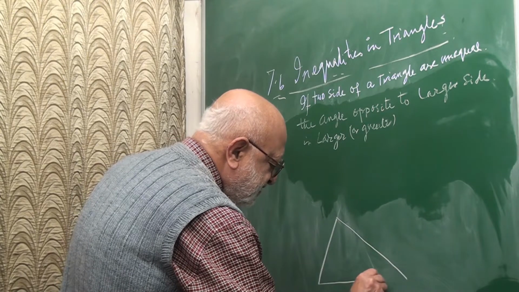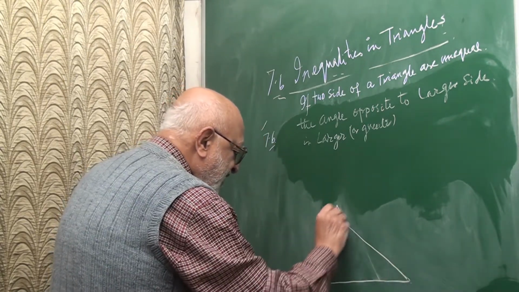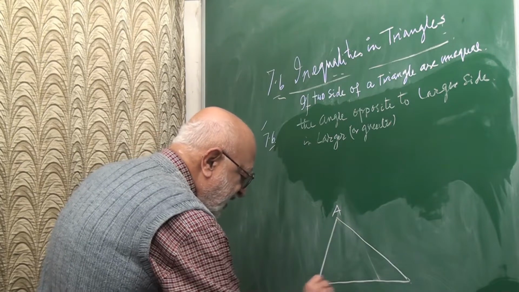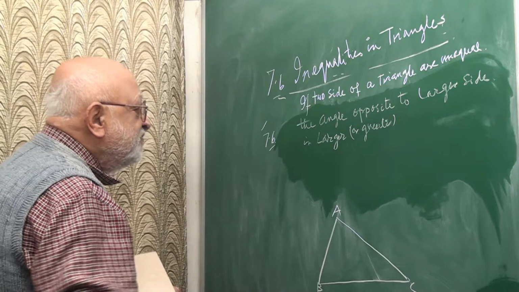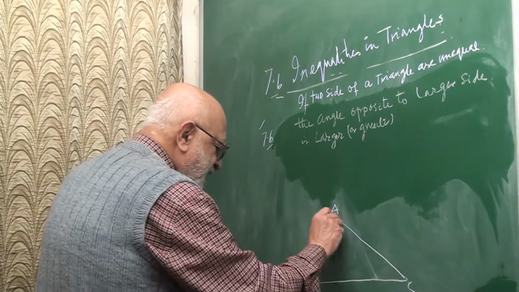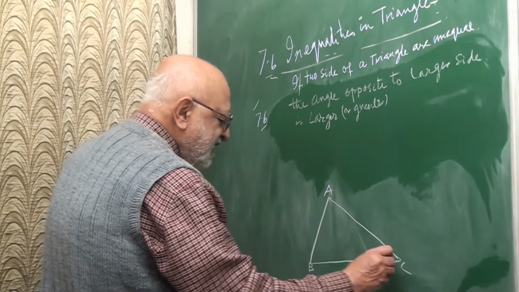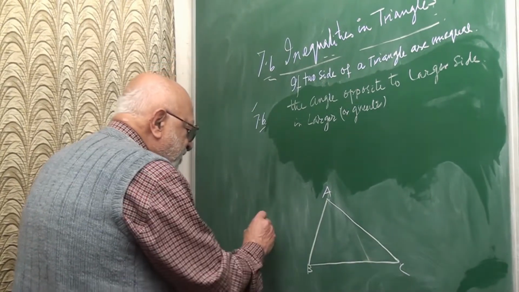Let's call the vertices A, B, and C. If two sides of a triangle are unequal, say AB and AC, then we have to show the following.